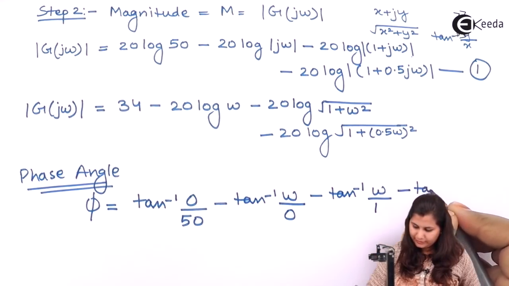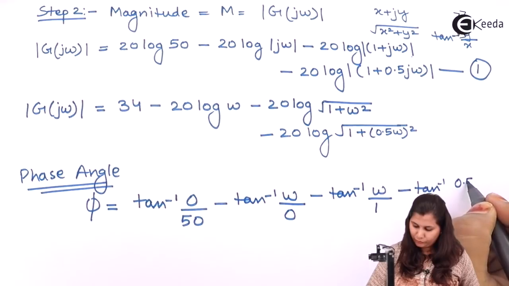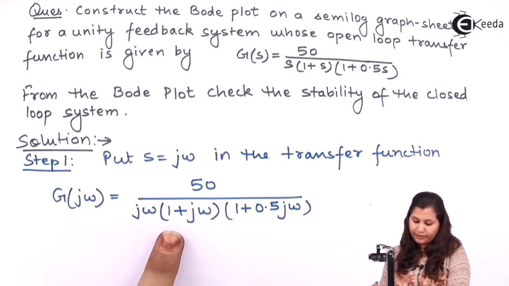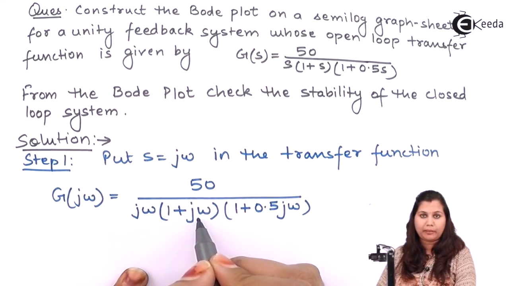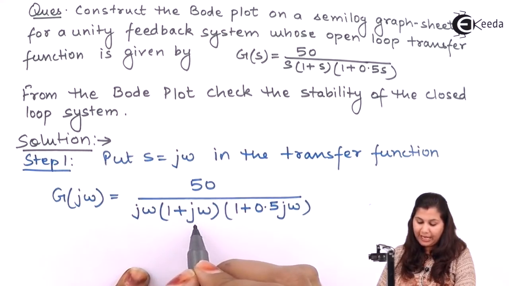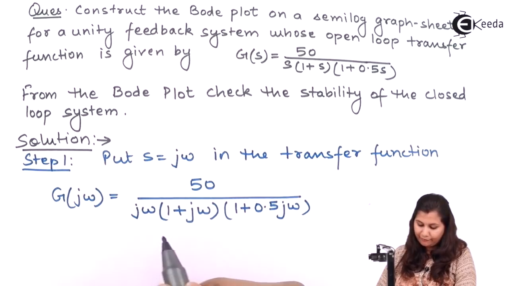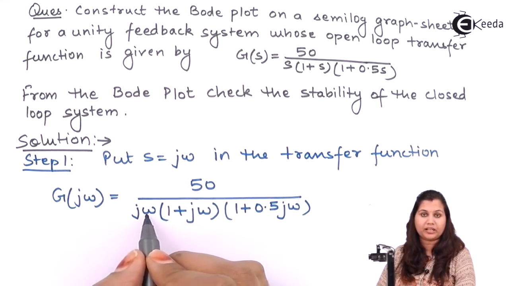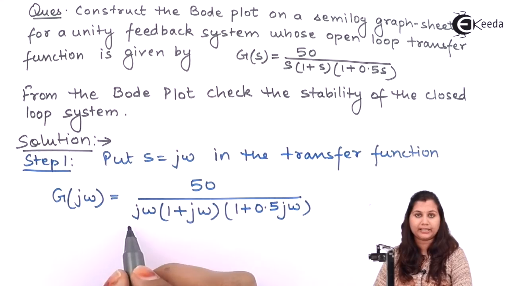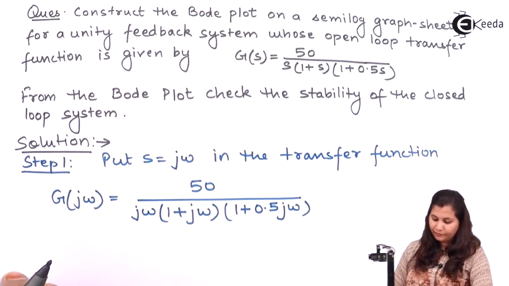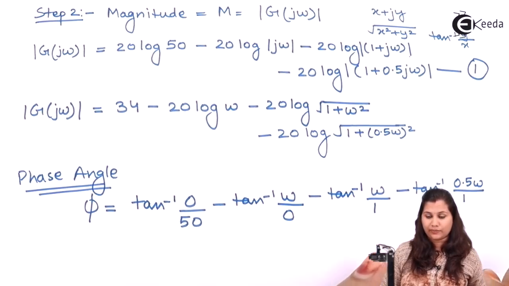Then minus tan inverse of 0.5 omega upon 1. So this is how we calculate the phase angle of this transfer function.